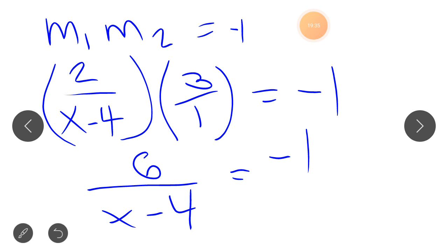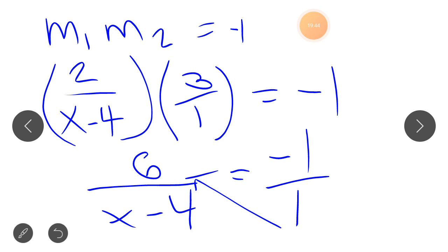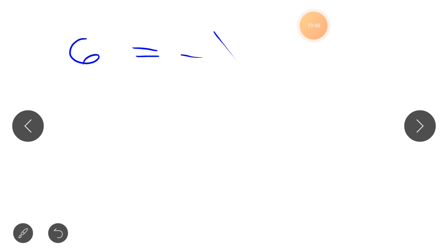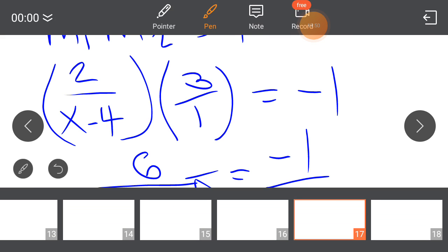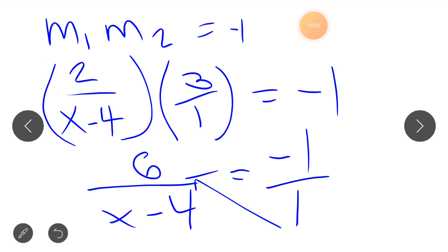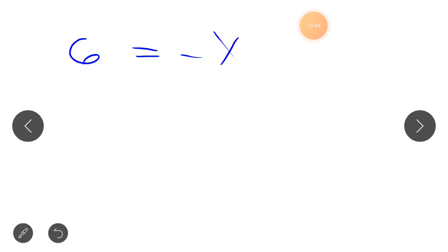So let's make this a fraction by putting a denominator of 1, then cross multiply. 6 times 1, 6 equals negative 1 times x minus 4: negative 1 times x, negative 1 times negative 4, positive 4.